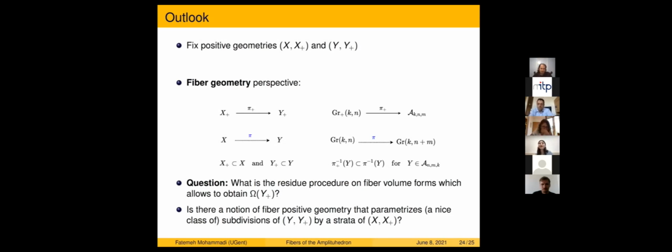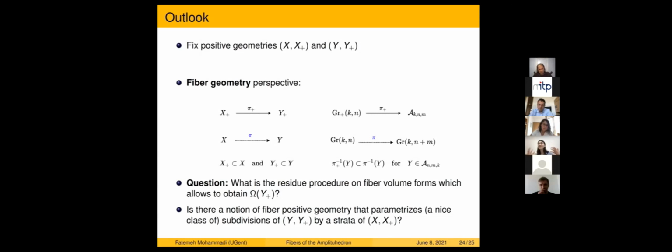For example, as I showed before, you can start from any pair of polytopes Q and P, and then construct these fiber polytopes by going through the construction of Billera and Sturmfels. And it's quite easy in that setting to see that the canonical forms of these fiber polytopes are related to the canonical forms of the original polytopes.